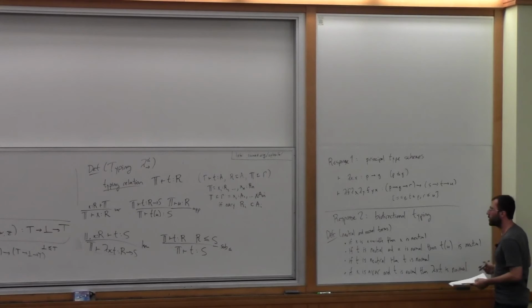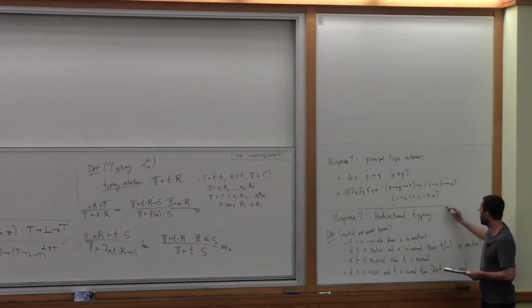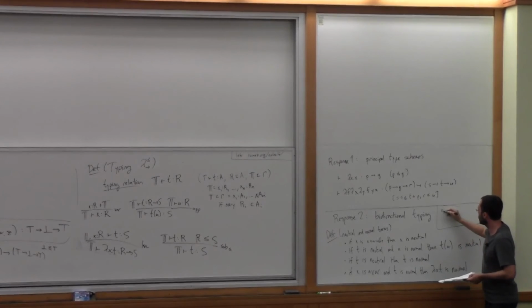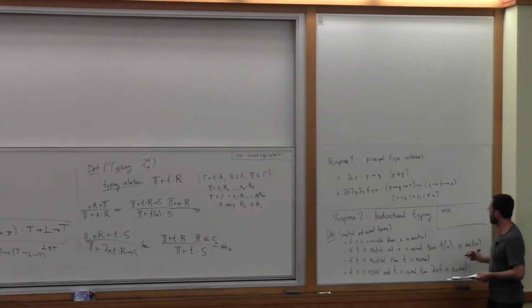Okay, that's a long definition in words. To make it more concise, you can describe it as a little grammar of neutral terms together with normal terms using E and M. Neutrals are variables, or the application of a neutral to a normal. Normals are either neutrals or a lambda abstraction of a normal.